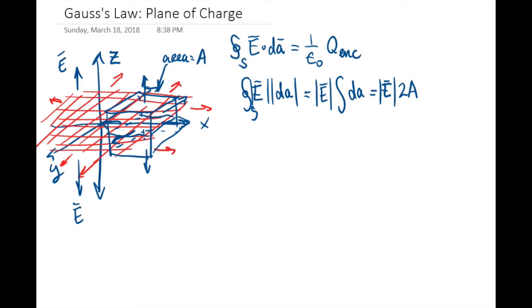Now, what is the charge enclosed? I know this is hard to see, but it will be the square that is the middle of the cube, right?